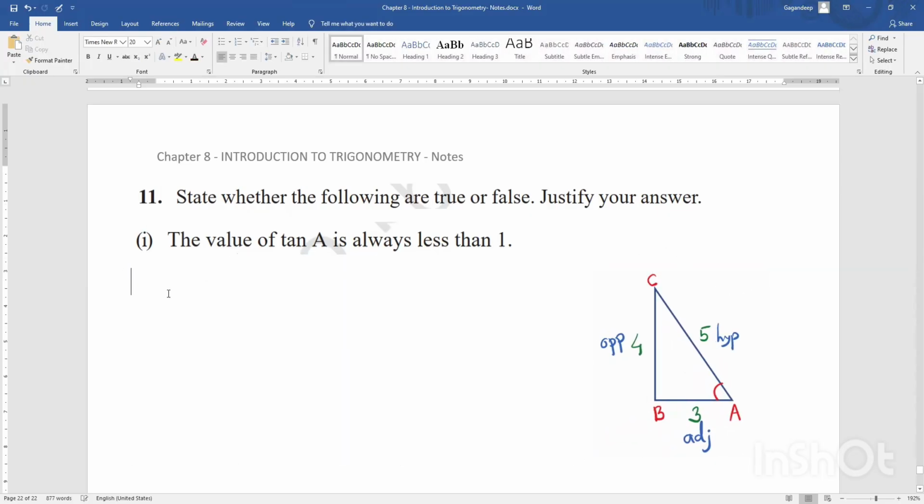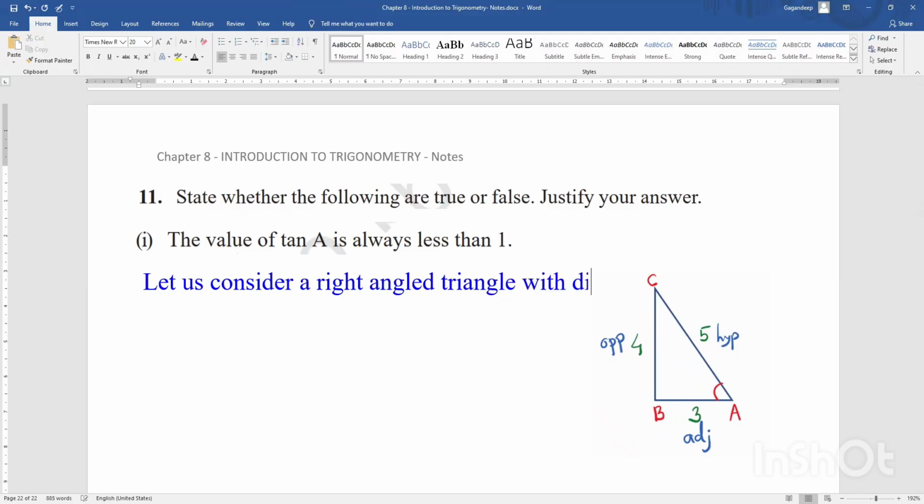Let us write a statement now for this. Let us consider a right angle triangle with dimensions as mentioned below.